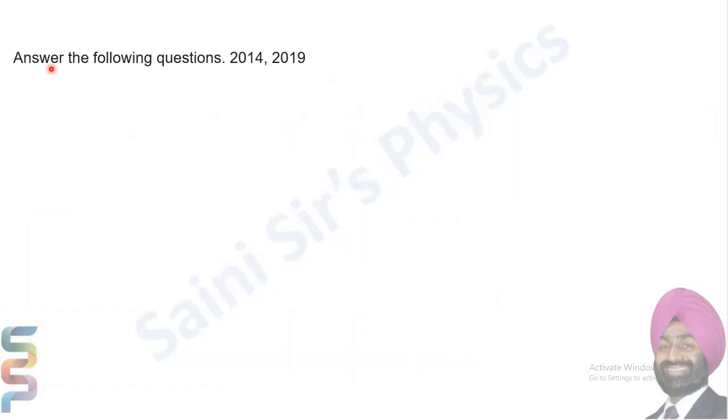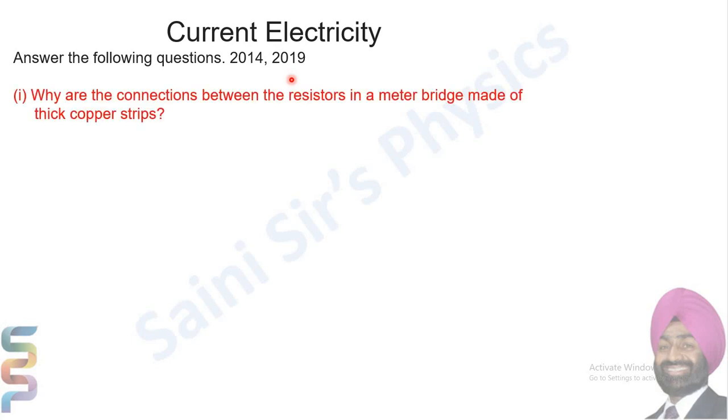Okay, next is a question from 2014 and 2019, a concept based question. Why are connections between resistors in a meter bridge made up of thick copper strips?